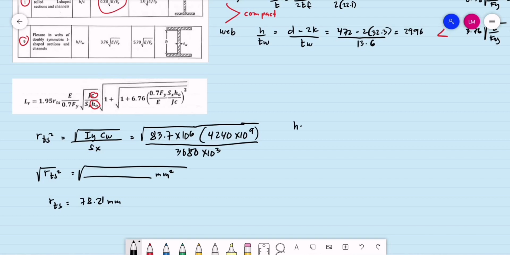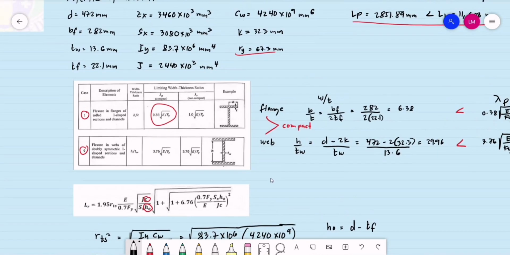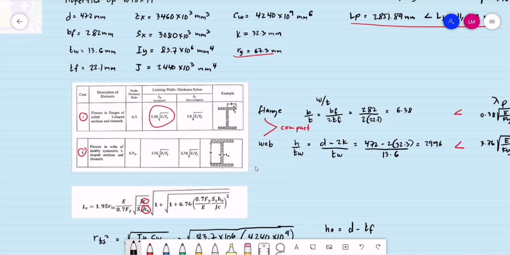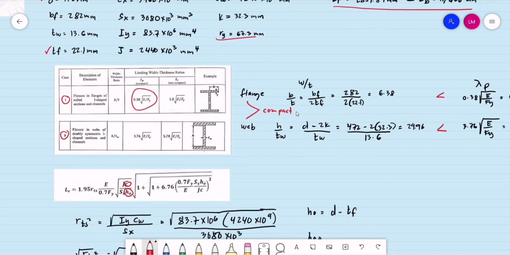H sub O is equal to the total depth minus the thickness of the flange. What is the depth of this section again? That is 472, minus the thickness of the flange, 22.1.